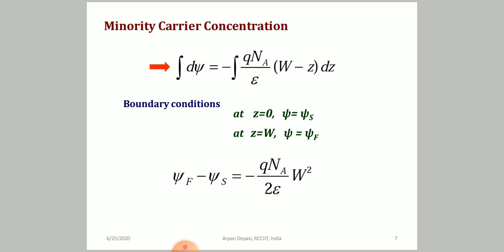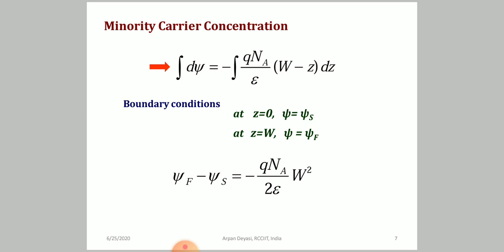Again, you have to put the boundary condition, and these boundary conditions are already given in the third slide of this lecture, that is the band diagram. And what is that? At Z equals 0, at the surface, it's nothing but the surface potential. So I have written exactly the same.